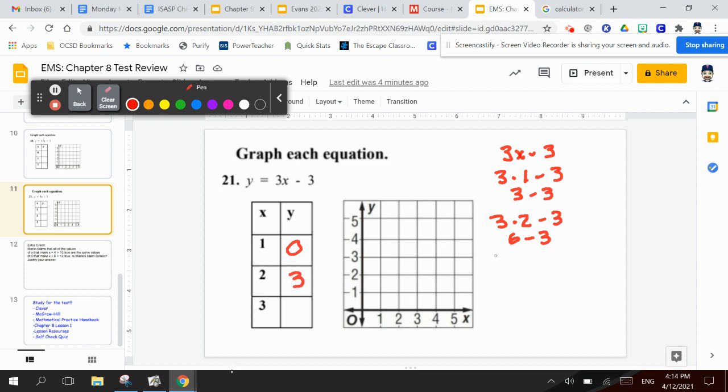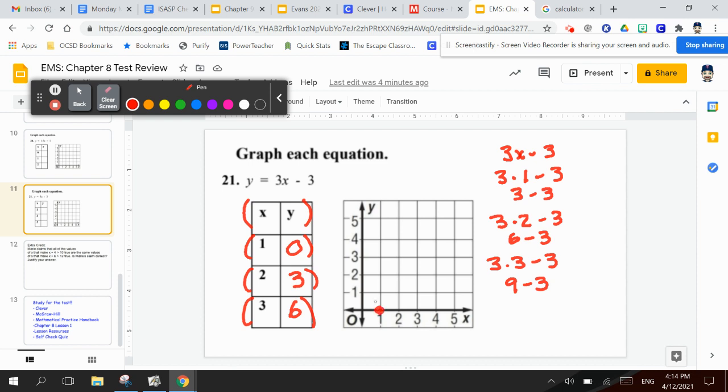And the last one, if x is 3, 3 times 3 minus 3. 3 times 3 is 9. 9 minus 3 is 6. So then again, I graph my ordered pairs of x to y. If x is 1, y is 0. So I start at 0, I go over 1, up 0.